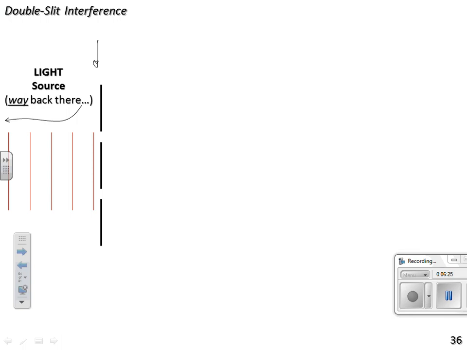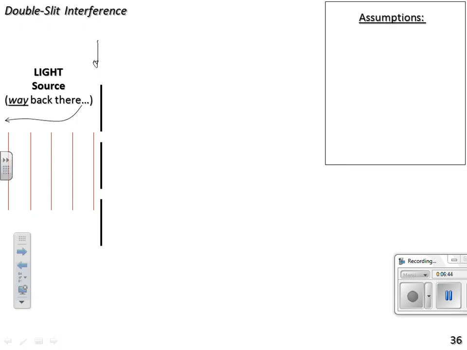And just like those two speakers where the sounds left the speakers in phase, here, if a peak gets to here and here at the same time, it means that the light will leave these two slits in phase. Now, here's our assumption: the light source is what we call monochromatic. One color, a single wavelength or frequency.